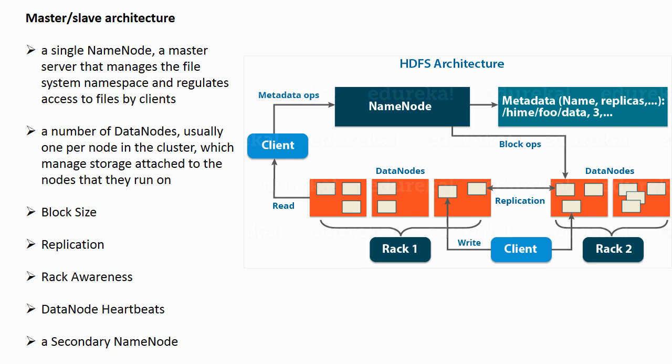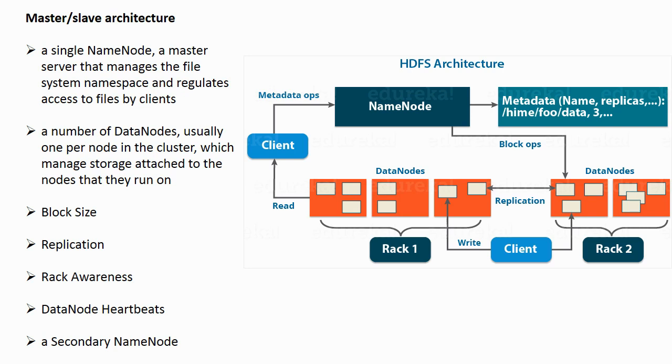Instead, the file is broken up into blocks, and usually the block sizes that are preferred are 128 MB or 256 MB, depending on how big your cluster is and how big your data nodes are. So files are first chunked into blocks of about 256 MB, and they are distributed across the nodes.